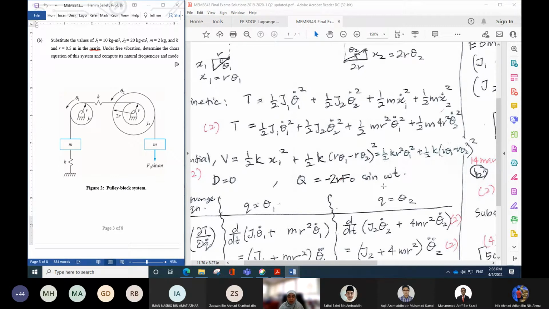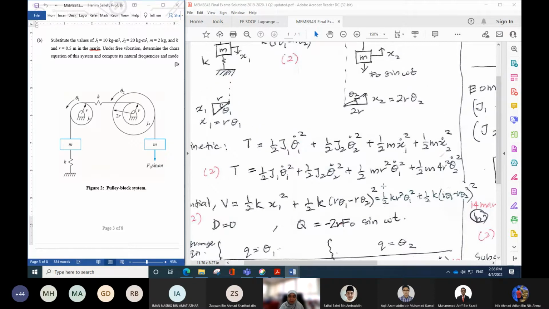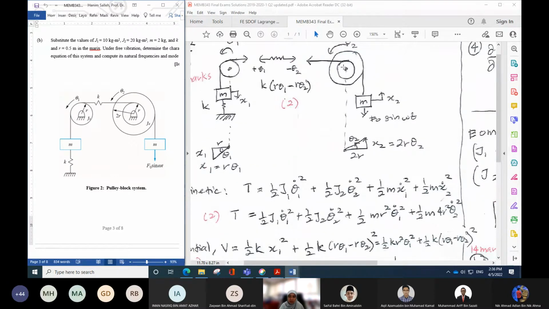What you need to do with this, because we want to express everything in terms of theta, is that you want to write it as theta 1 and theta 2. So everything has to be in theta. That means your input force will become a moment, because all these are a summation of moments. You have to multiply by this distance here.